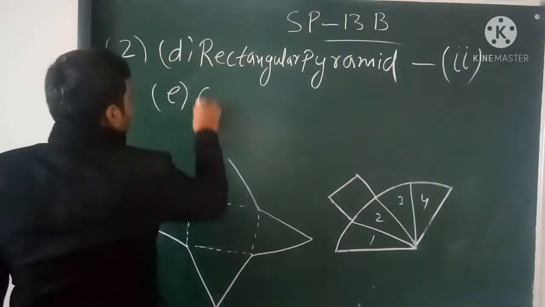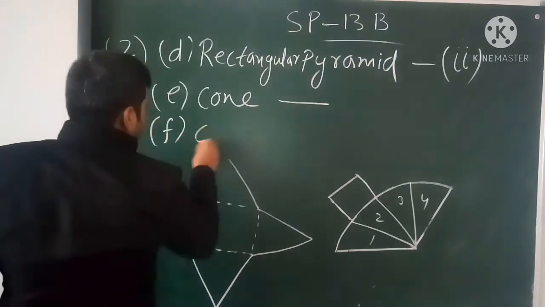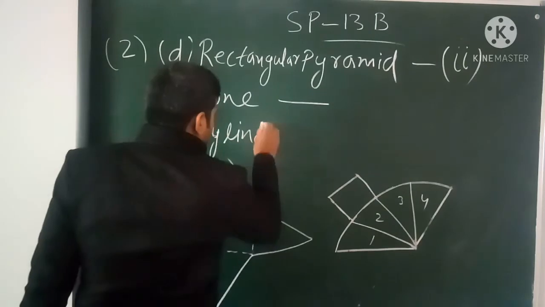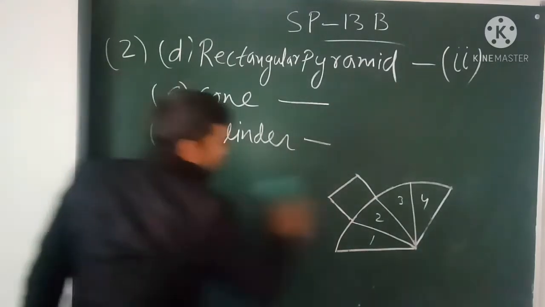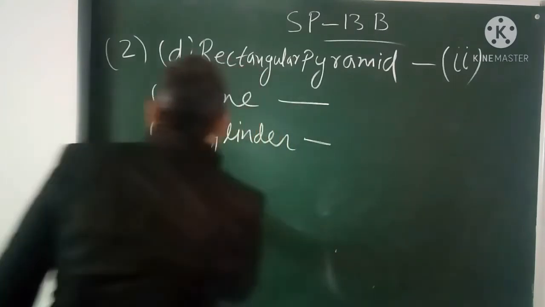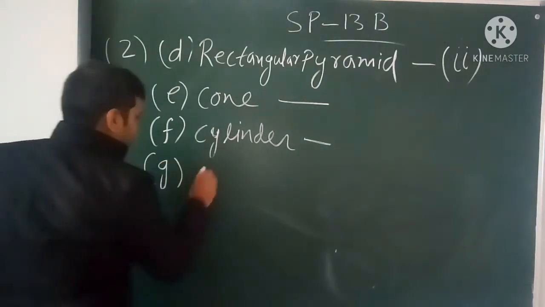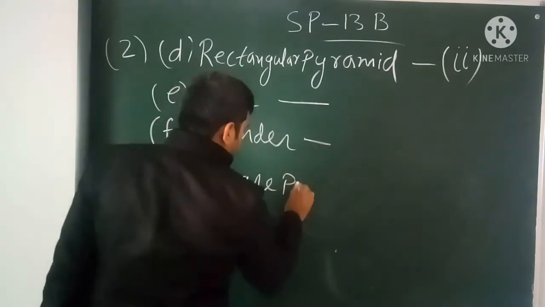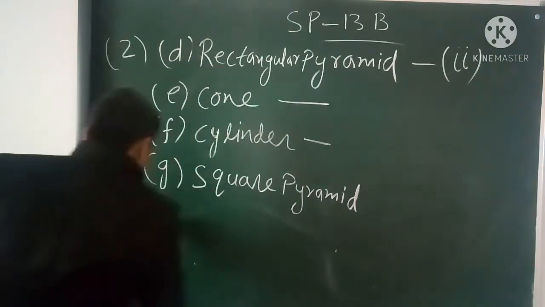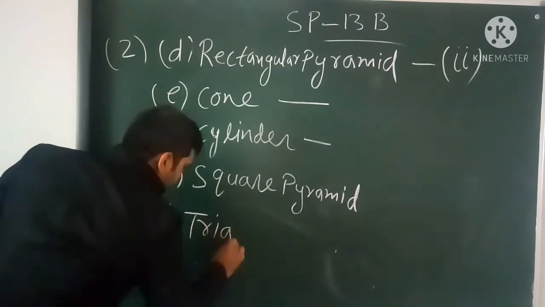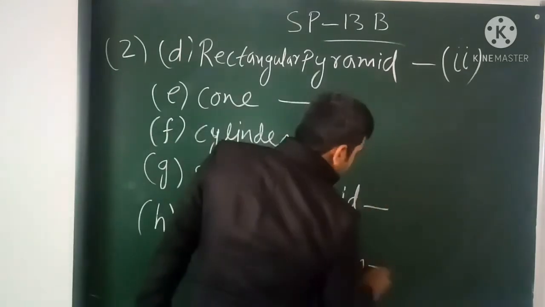Now F, cylinder. G, square pyramid. H, triangular prism.